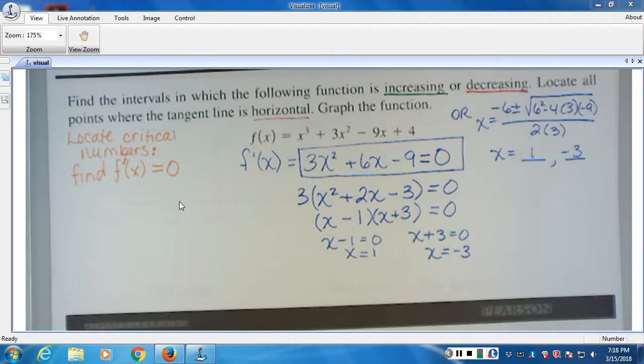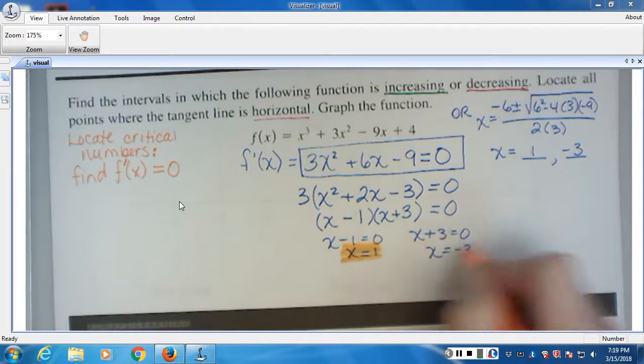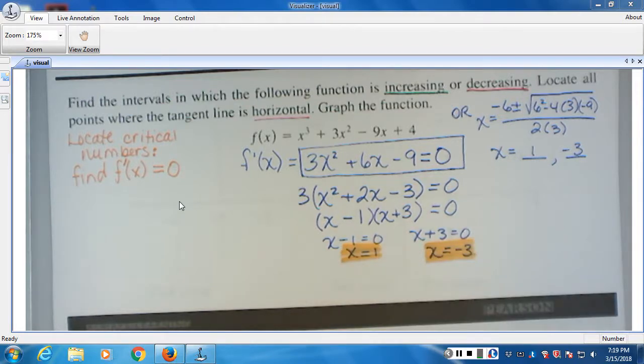So I have now found the critical numbers. The critical numbers are where the value of the derivative is equal to 0.